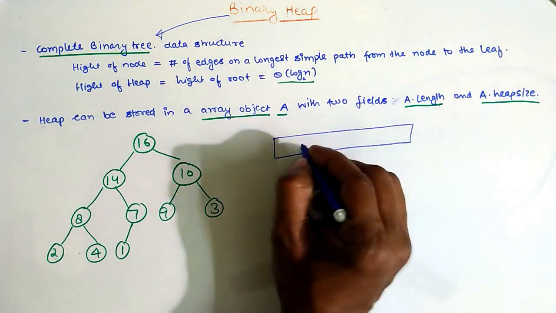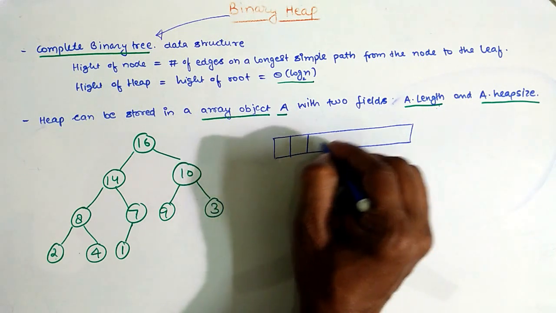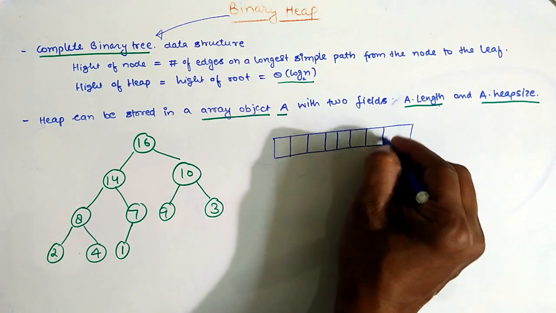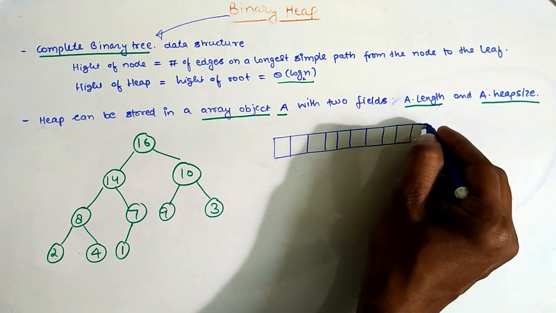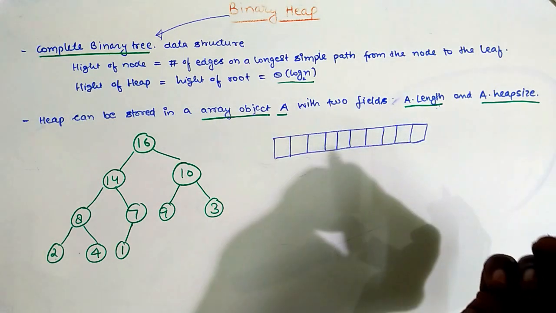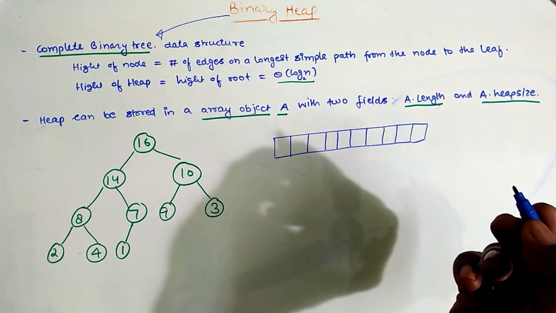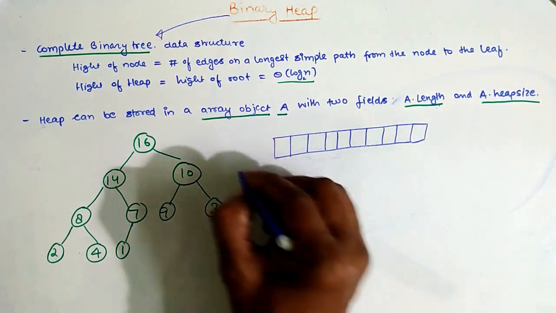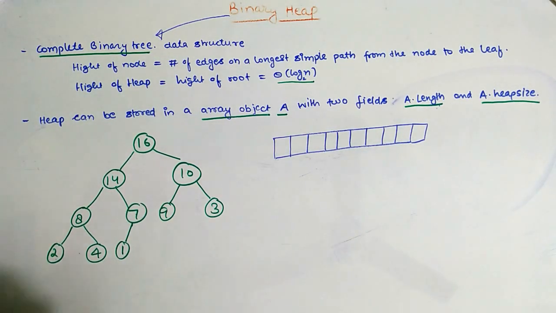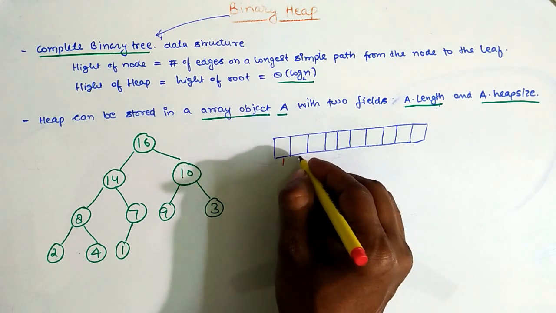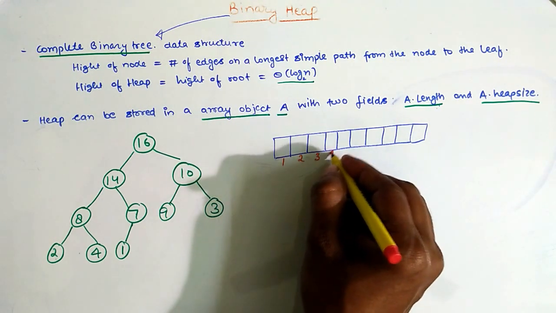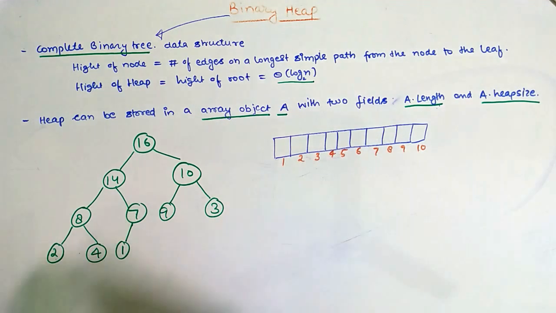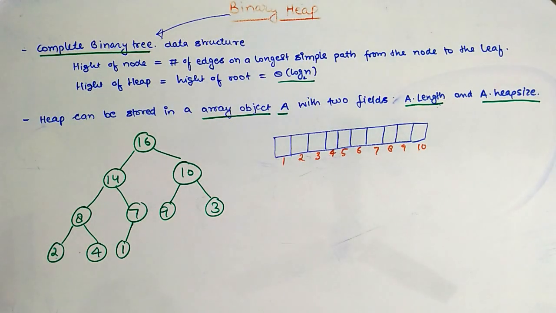So we have to allocate memory for the 10 nodes. So we just give the indices, and let's suppose the indices start from 1. So it would be 1 2 3 4 5 6 7 8 9 and 10. So we have 10 elements.